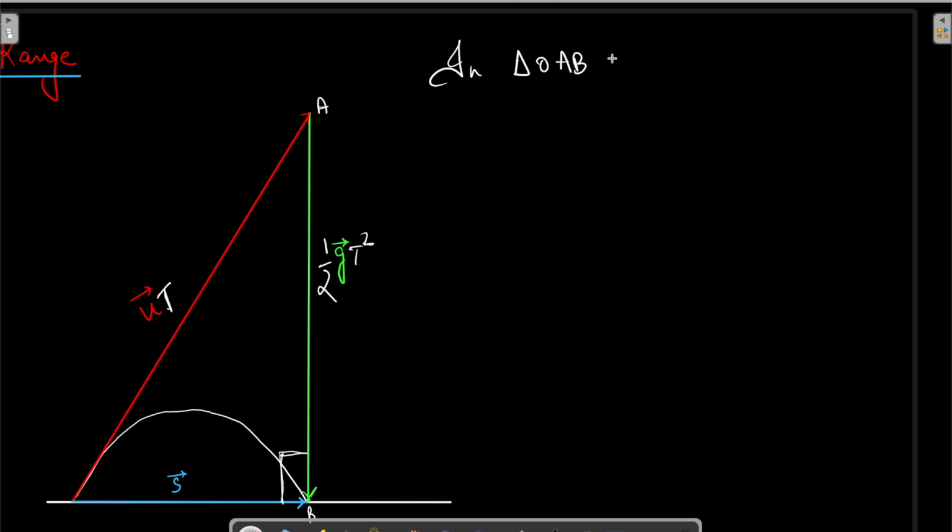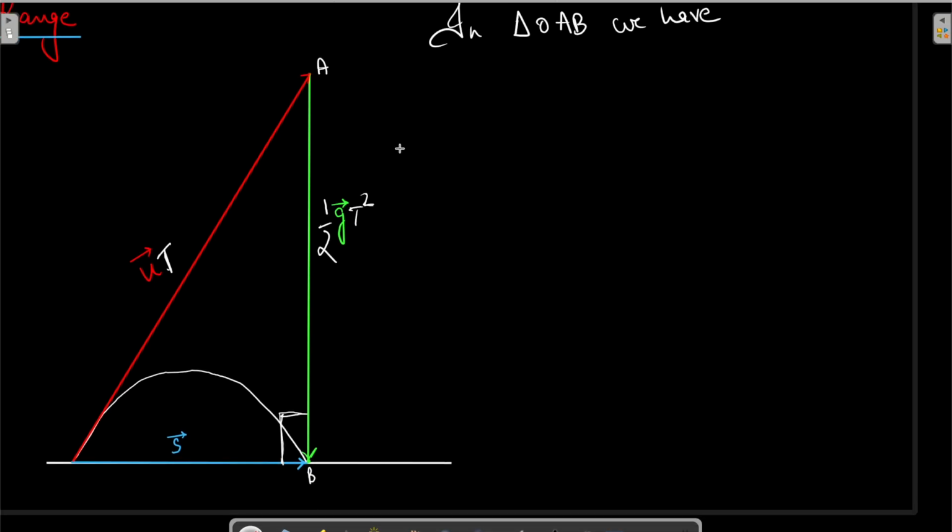So again in the triangle OAB, using Pythagoras theorem, we have OA square is equal to OB square plus AB square. We need OB, so OB is root of OA square minus AB square.